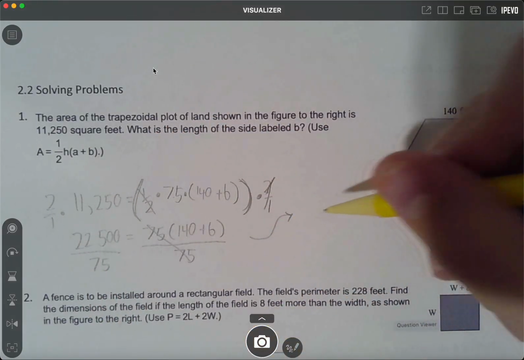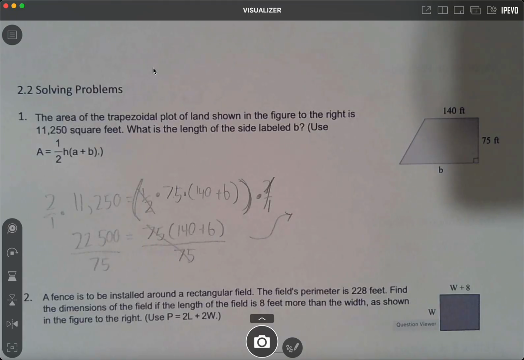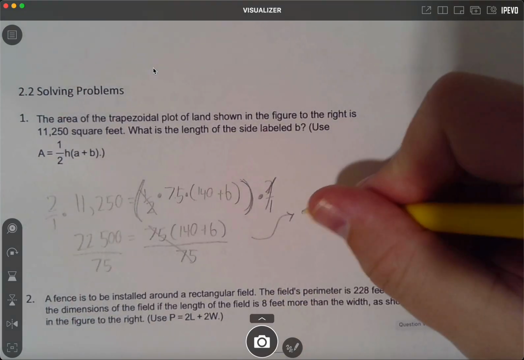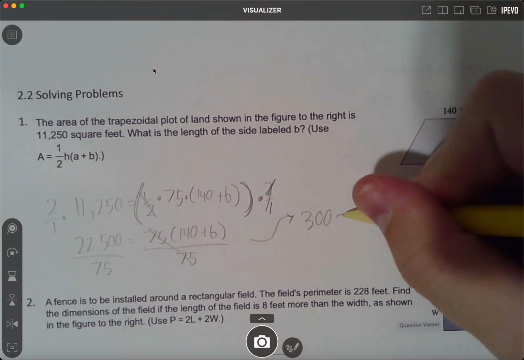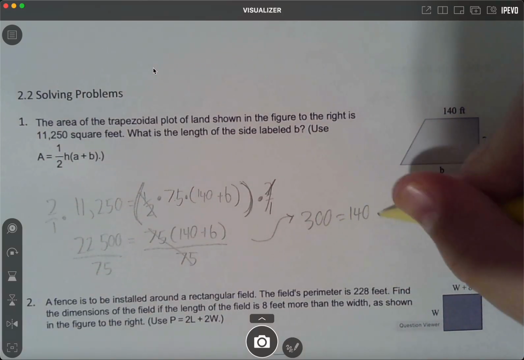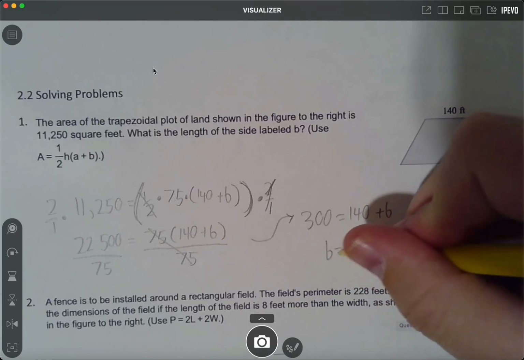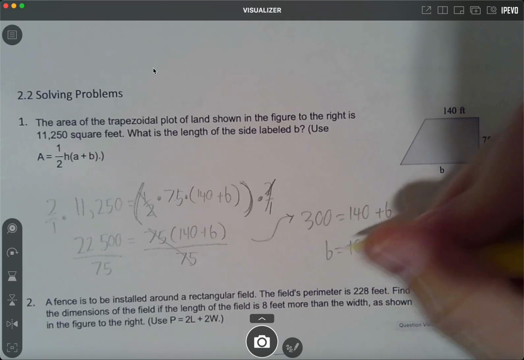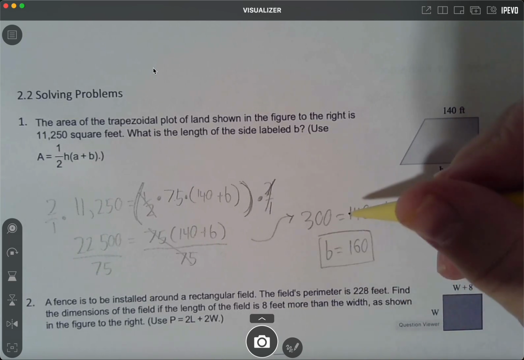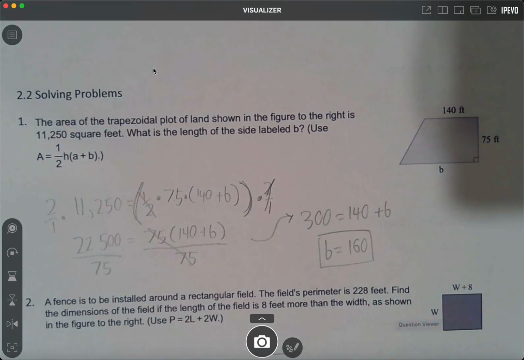And that will leave me with 22,500 divided by 75, which is 300. And that's still going to be equal to my 140 plus B. I can, of course, subtract the 140, and I'd end up with 160. And by all means, go ahead, plug that back in, and make sure it works.